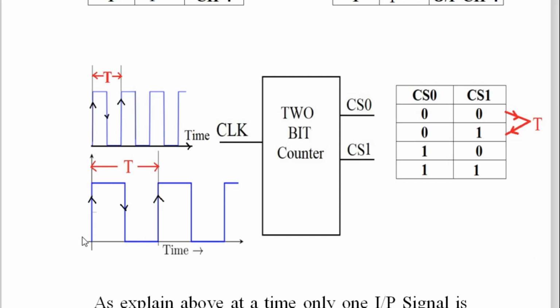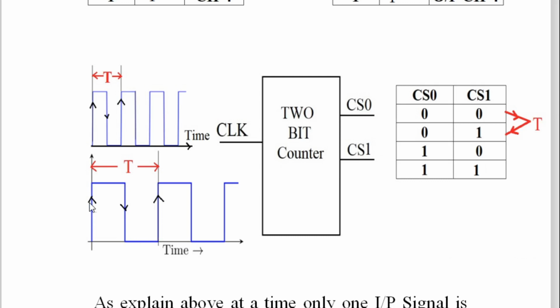Whenever there is a change in voltage level from logic 0 to 1, it is indicated by a positive edge, that is an upgoing arrow. And whenever there is a change from 1 to 0, it is indicated by a negative edge, that is a downgoing arrow. So this is a positive edge, upgoing arrow, logic 1, downgoing arrow, and then an upgoing arrow.